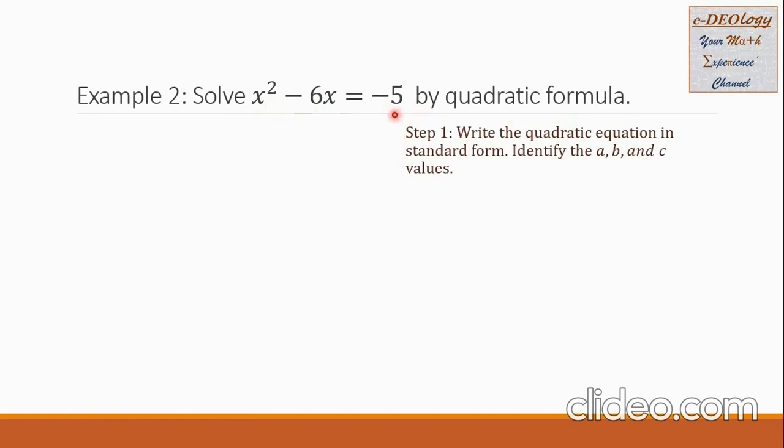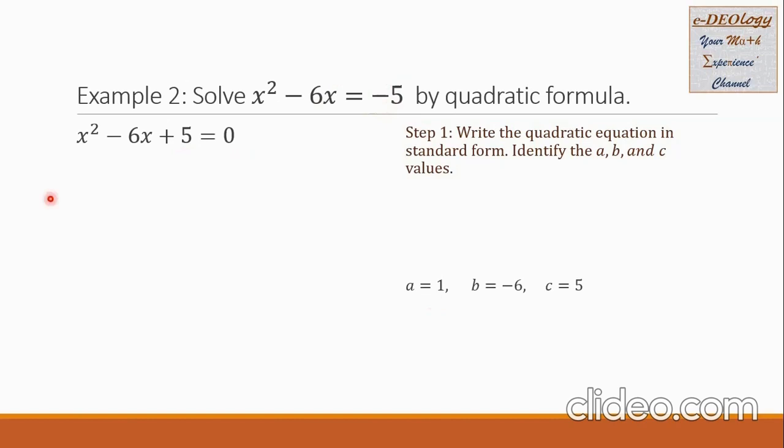The standard form says the right side must be equal to 0. So we will transpose the negative 5 to the other side of the equation, and the sign must be changed. So the negative 5 becomes positive 5 on the left side, and it is equal now to 0. Then we will identify the a, b, and c.